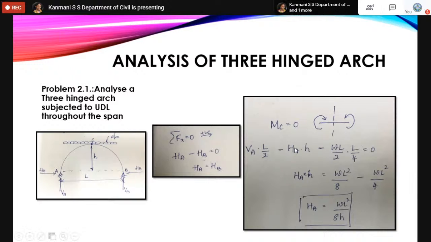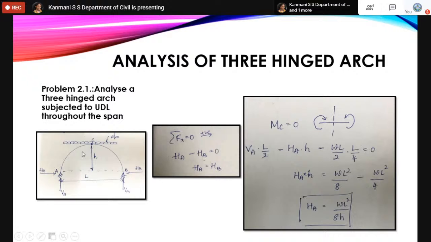Then afterwards, I'll put MC equal to 0. That is, moment at the crown point is equal to 0. And the sign convention we are using is this. I'll consider the left-hand side. On the left-hand side, VA into distance L by 2, minus HA into the distance H. And then you have a UDL here, UDL of W spread over L by 2.